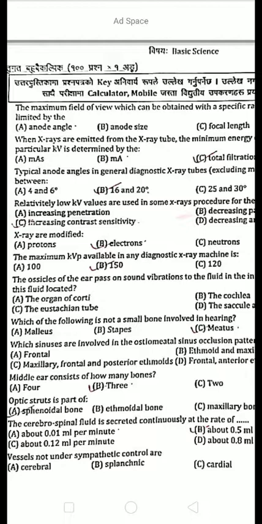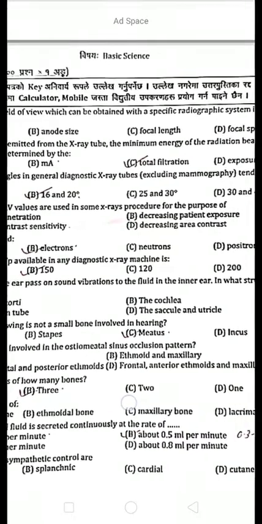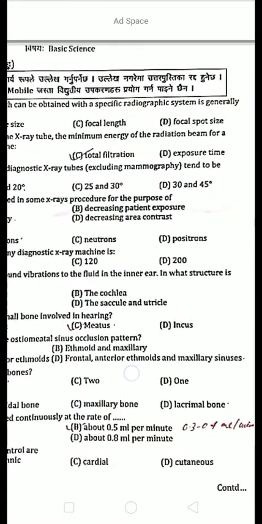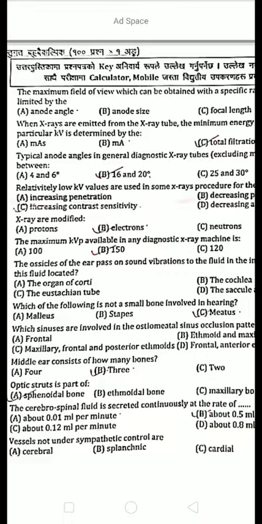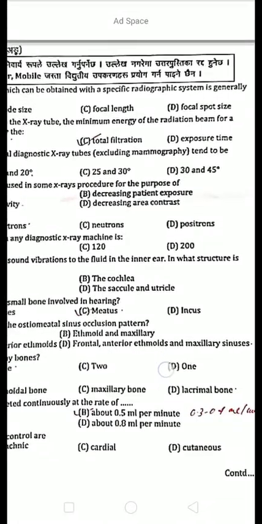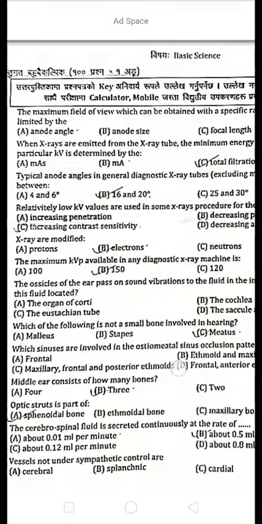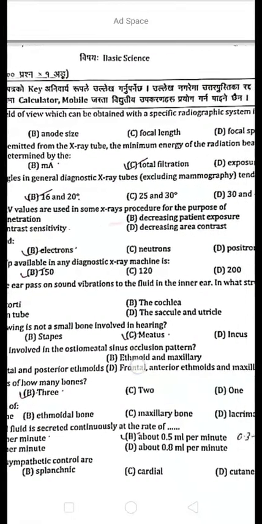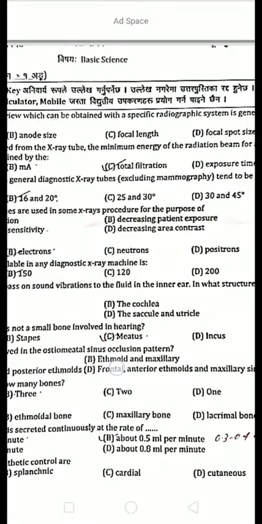This is part number 2. First question: the maximum field of view which can be obtained with a specific radiography system is generally limited by anode angle, anode size, or focal spot size. Actually, the question asks about the maximum field of view. A small focal spot does not mean a small field of view.